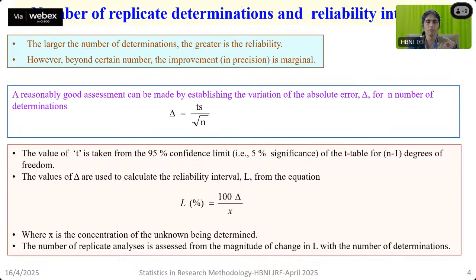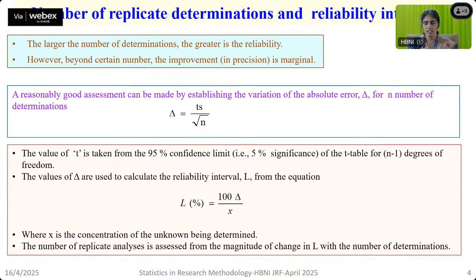As far as chemists are concerned, X is the concentration of the unknown being determined, and the number of replicate analyses is assessed from the magnitude of the change in L with the number of determinations. As the number of determinations increases, the L value keeps on decreasing.